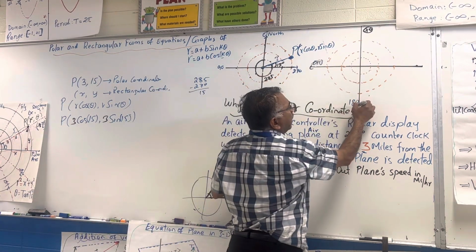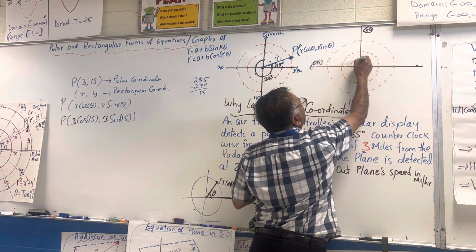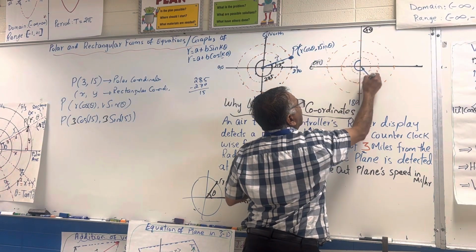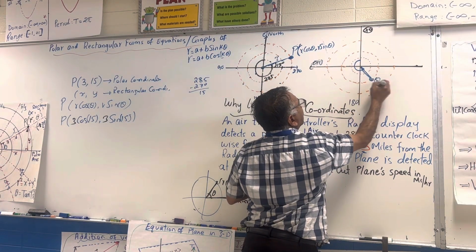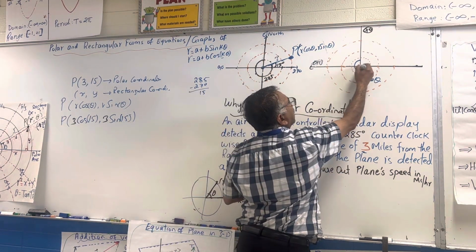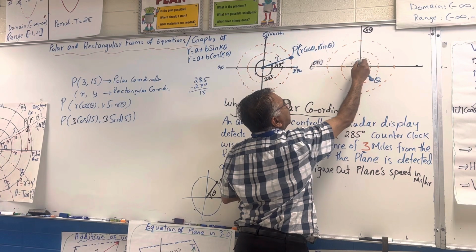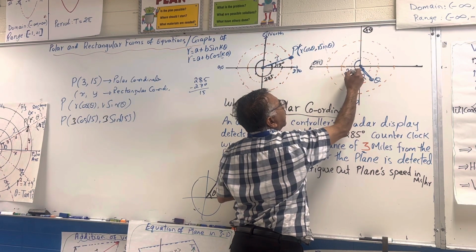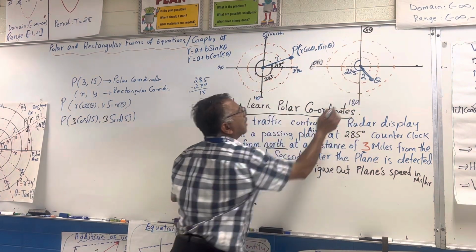So from 180 plus how much? From this 225, this will be the point Q. It is 2 miles from here and the angle is 225. I call this Q.